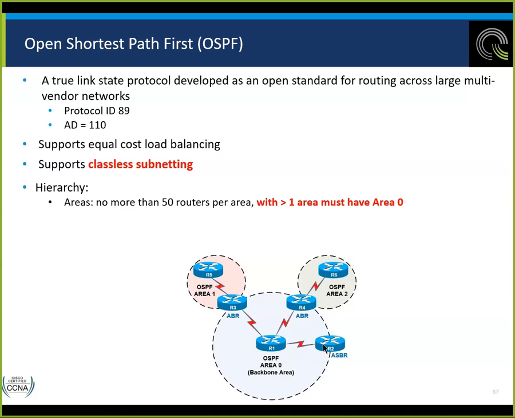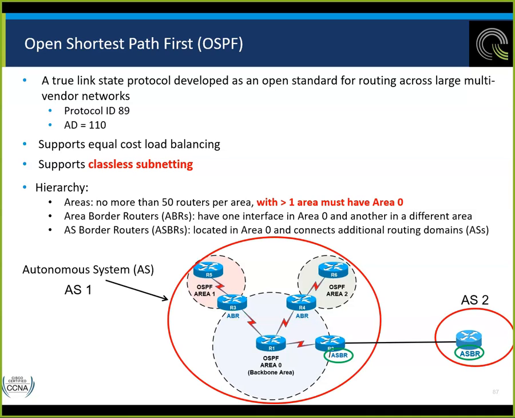If you're going someplace else, down this one down here, the ASBR is the autonomous system border router, which connects two autonomous systems or multiple autonomous systems together. ABRs have one interface in area 0 and another one in a different area. The ASBR's autonomous system border routers connect different autonomous systems. Another organization, for instance, could be connected together.